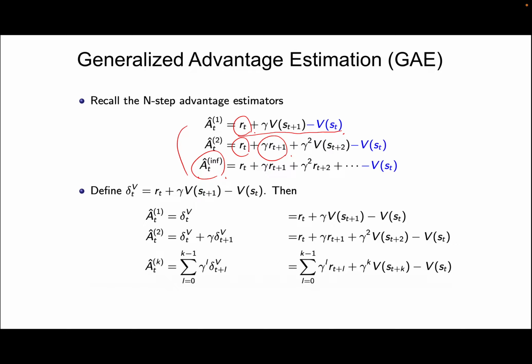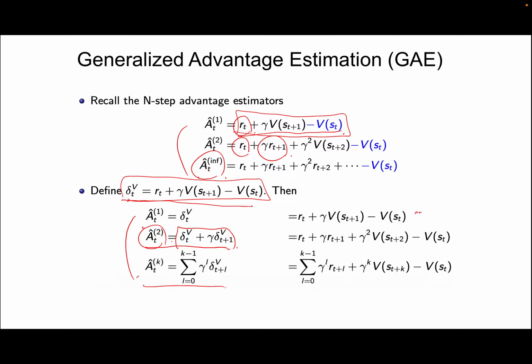That is the n-step advantage estimator. Then we can define this delta, now sigma, and rewrite this one. You can see this is exactly the same as this definition. If n equals 2, we can rewrite it again, and we can generalize this for n-step advantage estimators into a general expression like this.